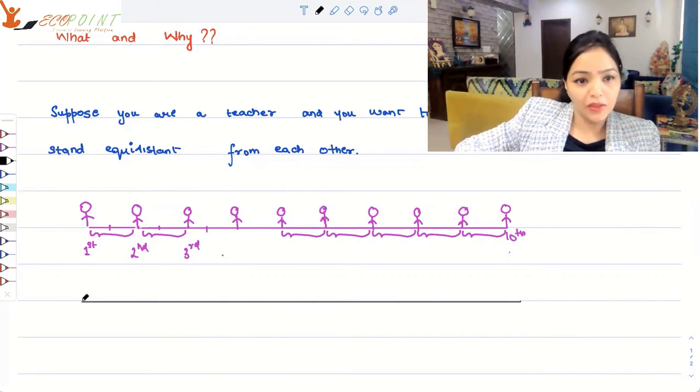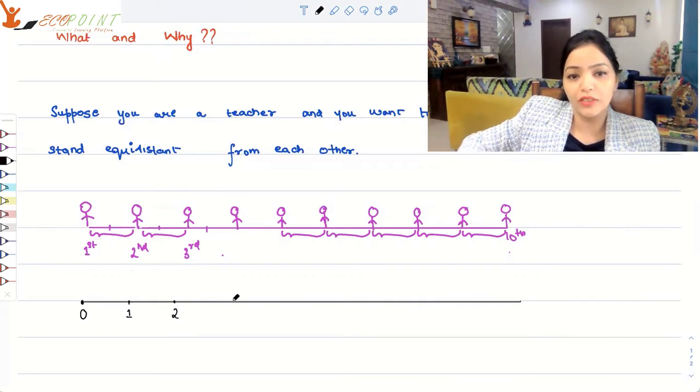If we call the first position 0, the next position we can call 1. Equidistant to 1 will be the position 2. Equidistant to 2 will be the position 3, and so on.